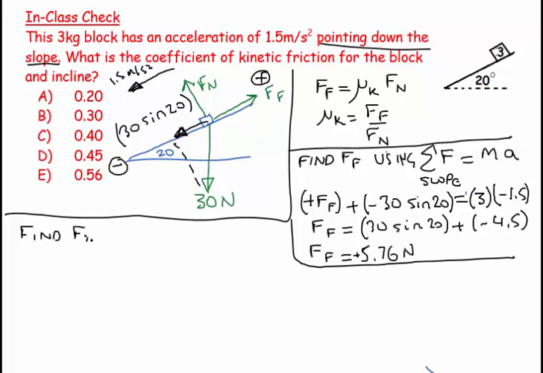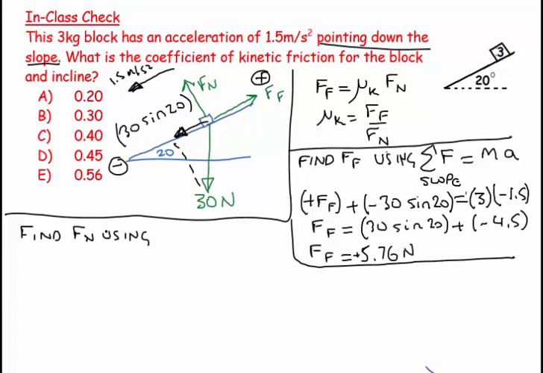Having gone down the slope and said the sum of the forces equals ma, the obvious thing to do now is to go perpendicular to the slope. It's the only direction where that acceleration has no component. So I know that perpendicular to the slope, I am in equilibrium.